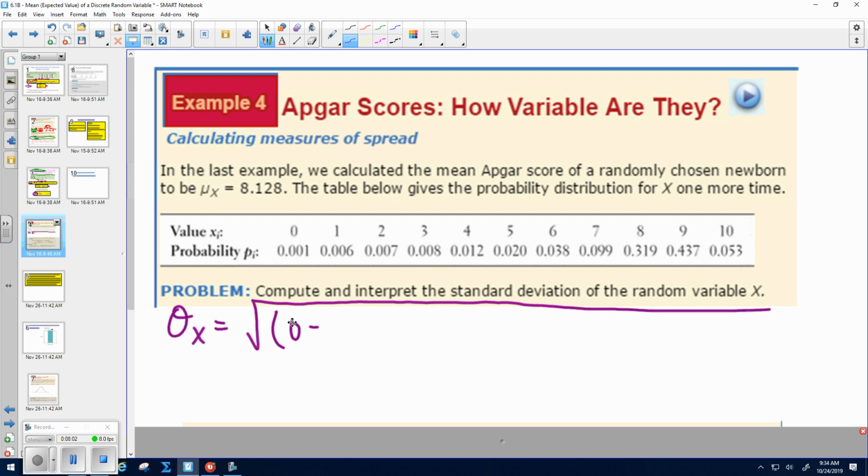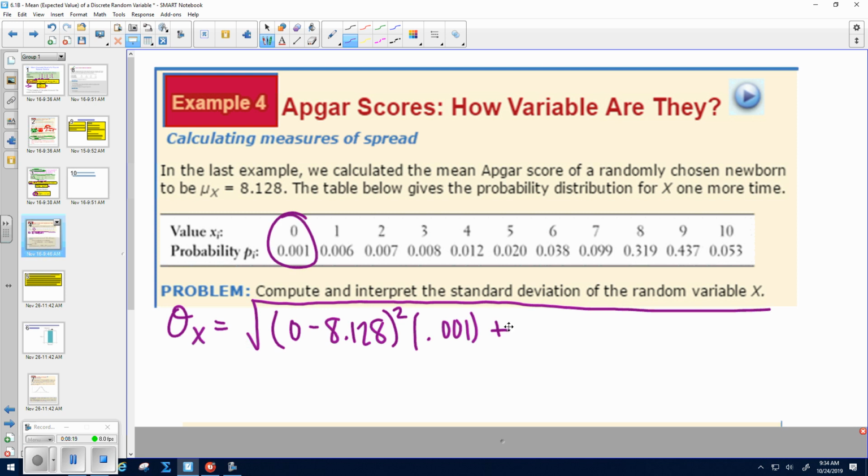Now the mean is what we just calculated in the last problem. So I have to always do that first if I'm finding the standard deviation. Squared. Don't forget that squared. A lot of people forget that. Times the probability, 0.001. That's what goes with the data point 0. All right, so that was that first one.